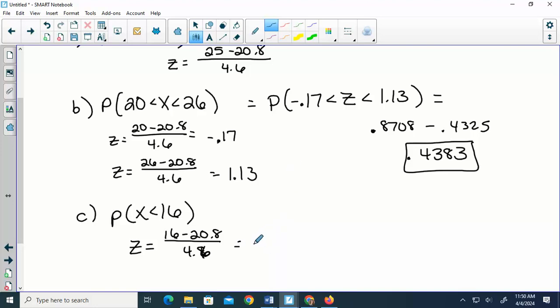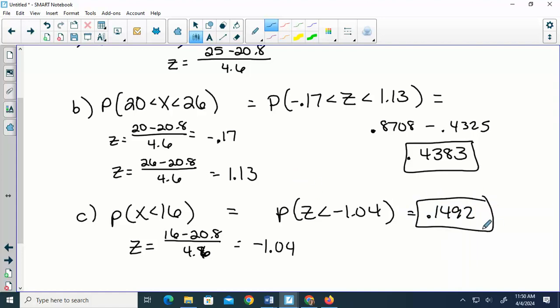So we get negative 1.04. So we find the probability that Z is less than negative 1.04. Less than is the number given on our table. So we just look up negative 1.04, we get 0.1492.